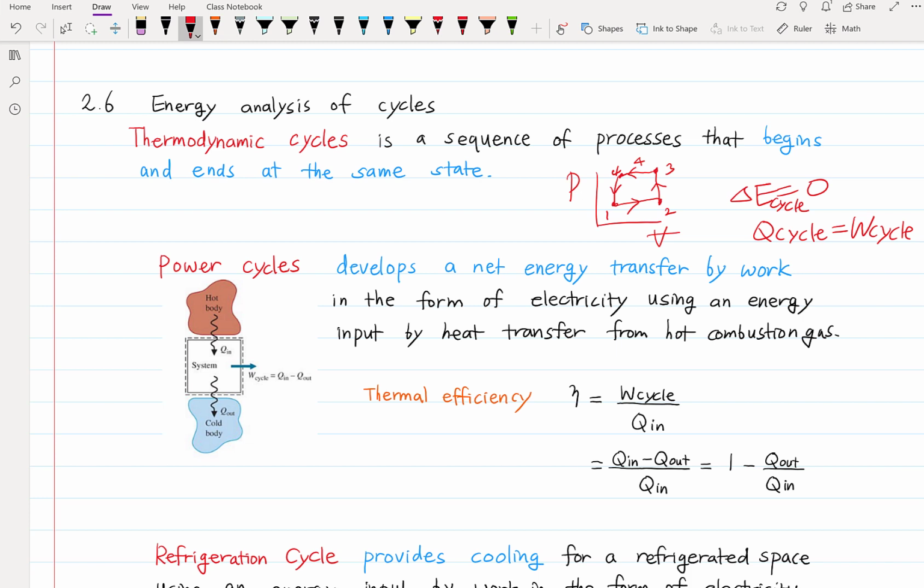I will briefly introduce power cycles, refrigeration cycles, and heat pump cycles. They will be discussed in depth later in the semester. So power cycles, refrigeration cycles, and heat pump cycles are energy conversion cycles. Power cycles are used to provide work during the cycle.